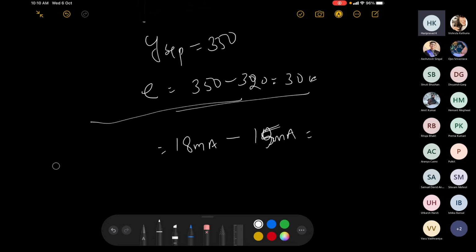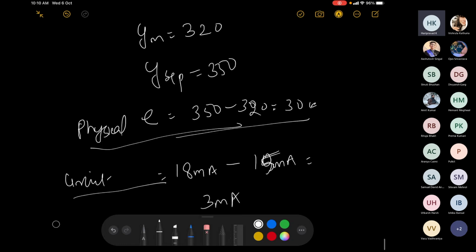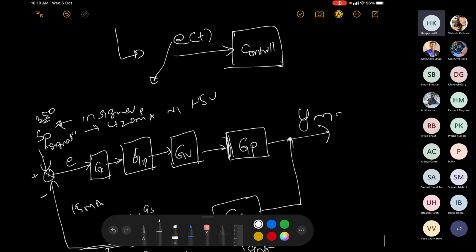And this error, so this is the physical variable, and this is in circuit. This would be like 3 milliamps as the error signal, which would be going to the controller. Okay, the controller would do the necessary transformation and so on.